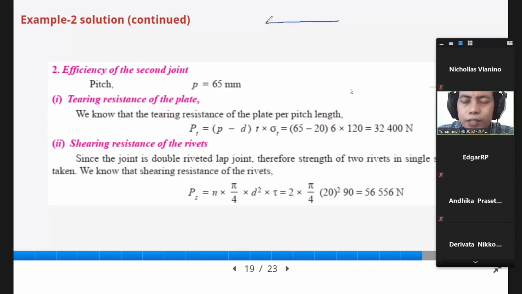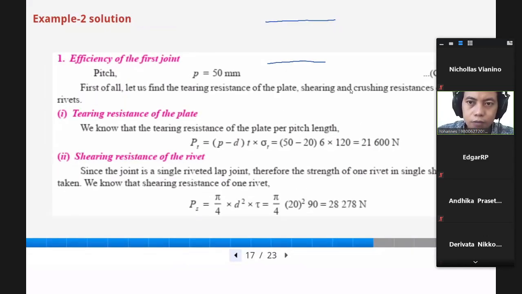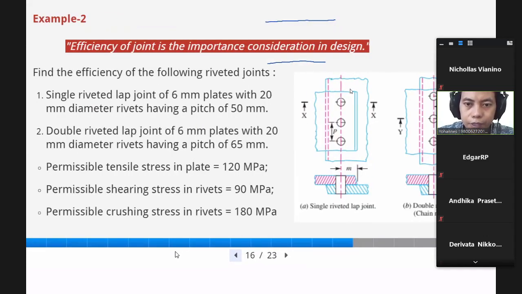So the question is why this formula doesn't change even though we put another column of rivets. Why don't we see the constant of 2 here? Okay, so let's check in the figure.